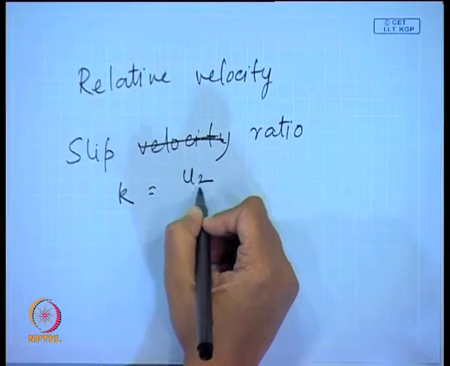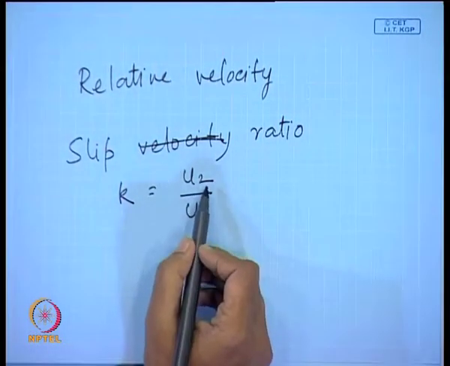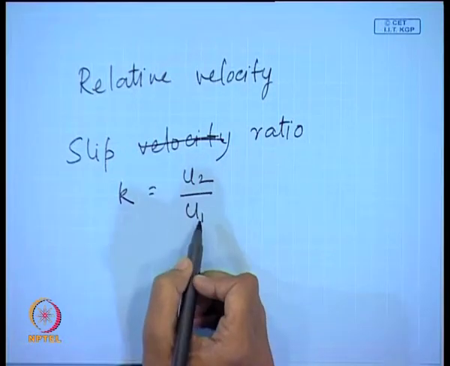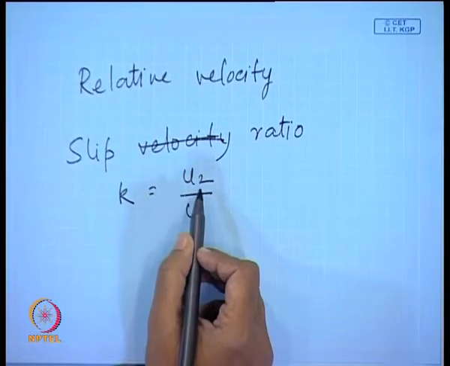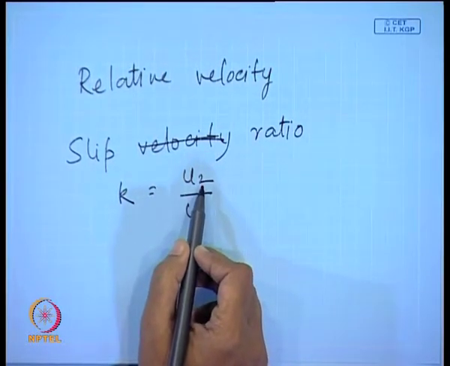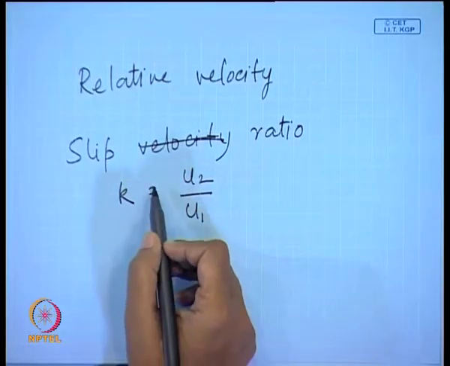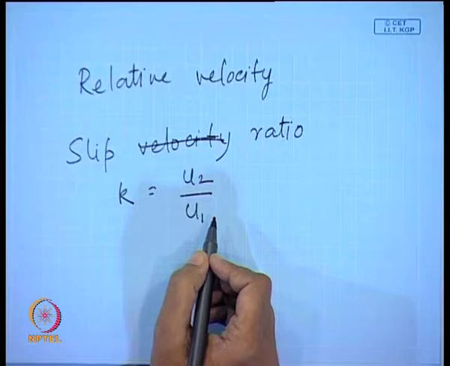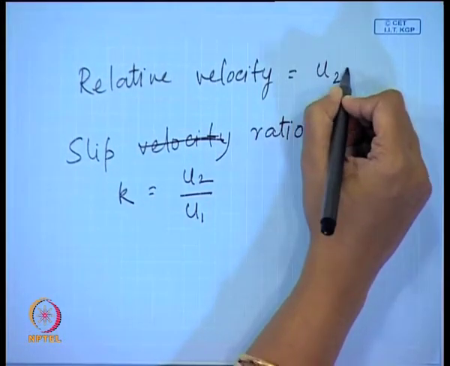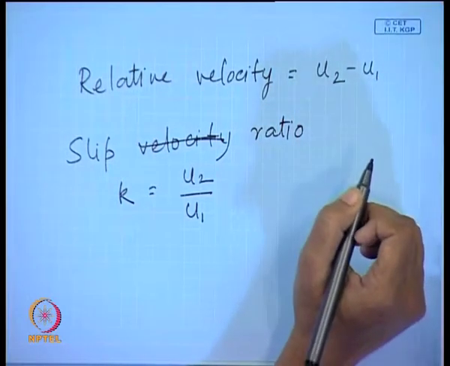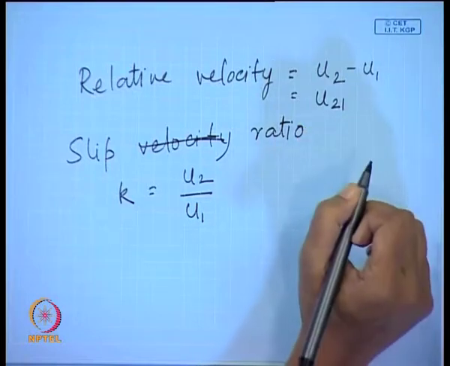Slip ratio, usually denoted as K, is the ratio of the in situ velocity of phase 2 divided by the in situ velocity of phase 1. Usually we know that phase 2 is the lighter phase, phase 1 is the heavier phase. So, K is always greater than 1. And relative velocity, you already know, it is u2 minus u1, and this is denoted as u21.